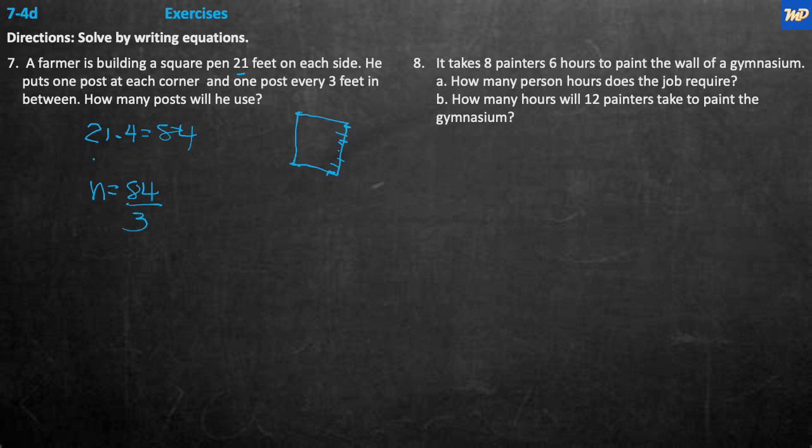So what is that solution? There's nothing to be done here. It's an interesting little problem. I'm not sure if they thought it was tougher than this, but we just set the problem up. And if we take n, the number of posts is equal to 84 divided by 3, what does that end up being? 84 divided by 3 is, I don't have to look at this.